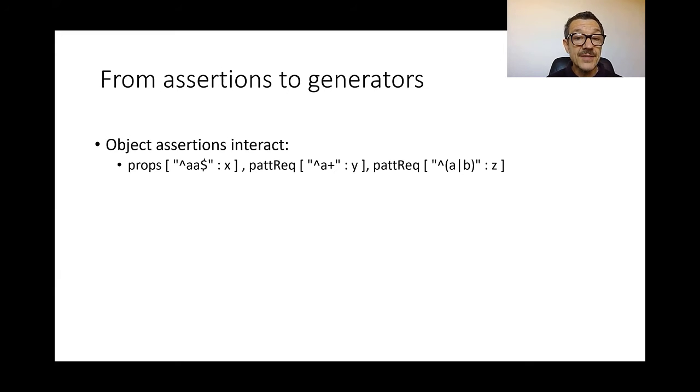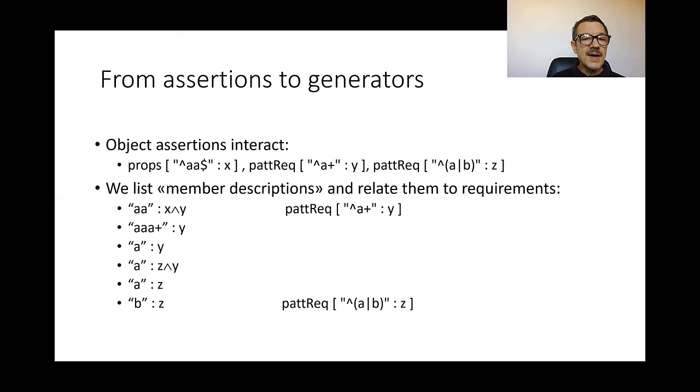For example, here, this assertion tells me that if I have a member whose name is AA, then this member must have a type X and may be used to satisfy this requirement, provided that it also has a type satisfying Y. We solve this situation of mutual interaction by providing a list of member descriptions, abstract descriptions of all members that may be used in the produced witness in order to satisfy the requirement.